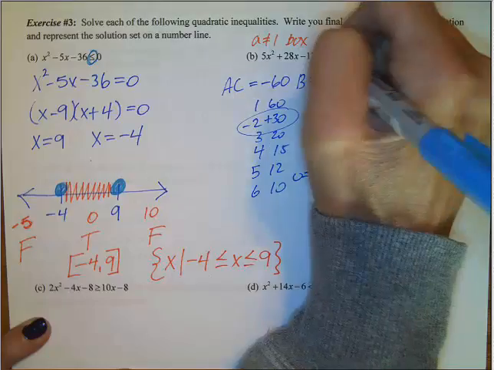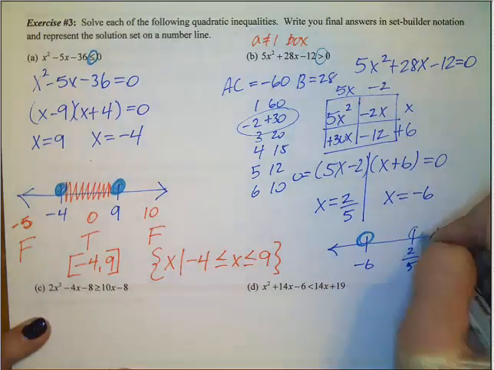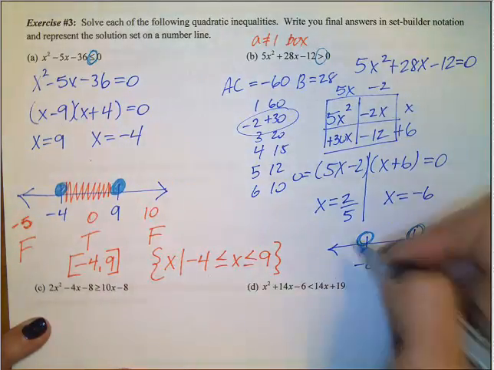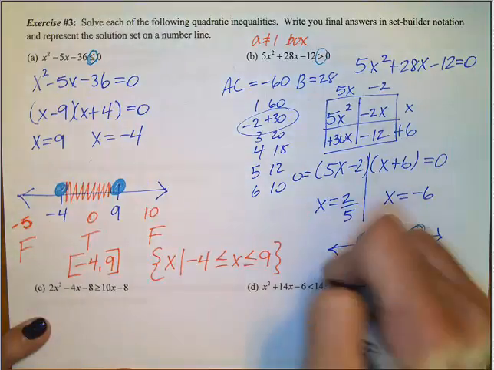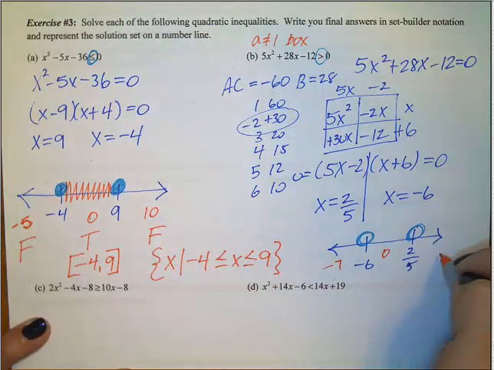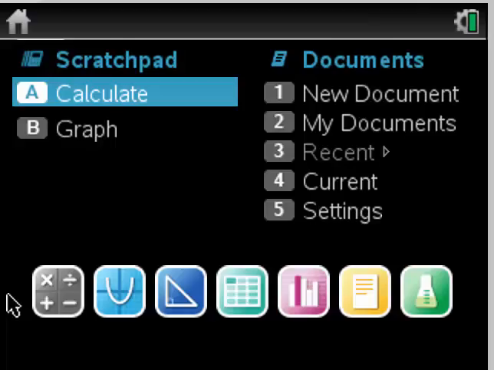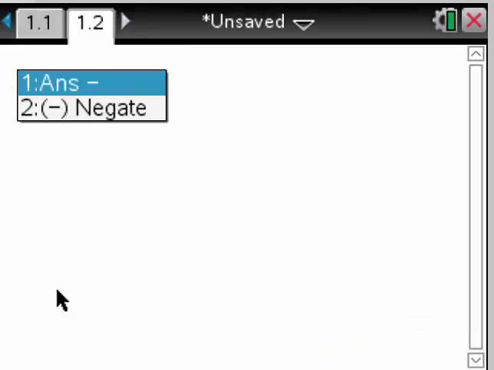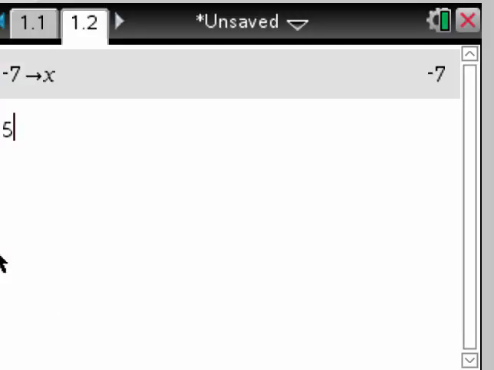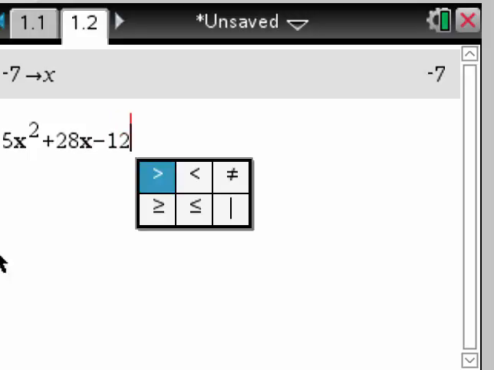Because it's greater than, not equal to, we have open circles. So we have to test a number. So let's test negative 7, 0, and 1. So grab your calculator and store negative 7. Put in the equation, 5x squared plus 28x minus 12, and I'm actually not going to put the equation in, I'm going to put the inequality.